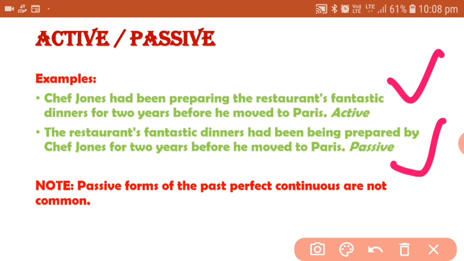We can't prescribe it in our English grammar. That's why please keep in your mind, don't use such type of sentences. But for your information, I have mentioned this sentence. Passive forms of the past perfect continuous are not common. That's why no need to use it.